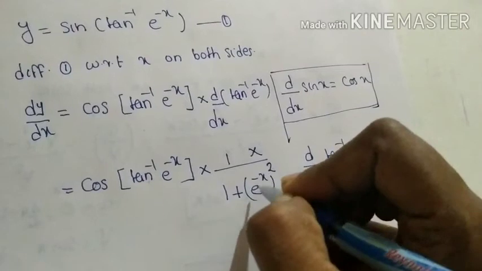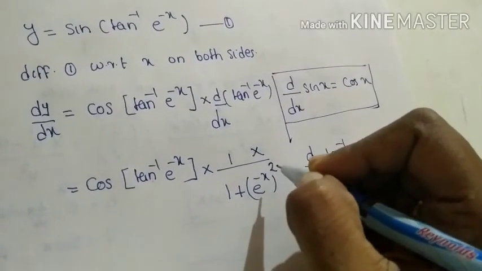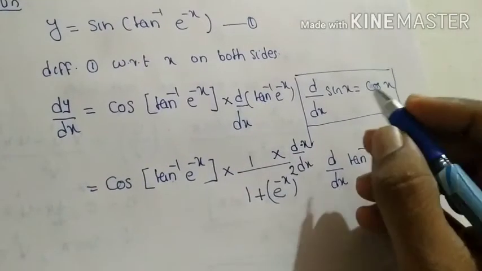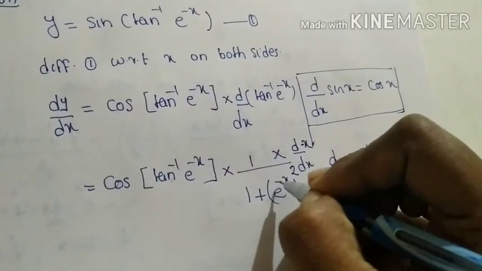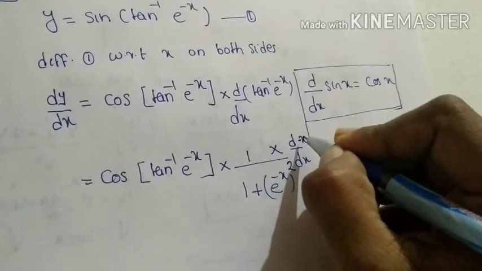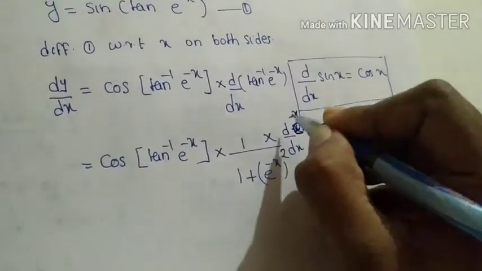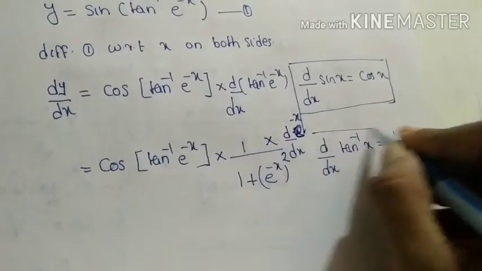Into, here e raised to minus x is again a function. So by using the chain rule, we need to calculate the derivative of e raised to minus x.